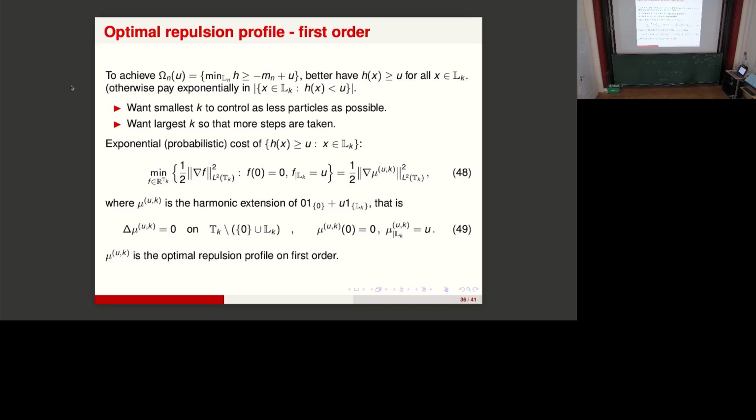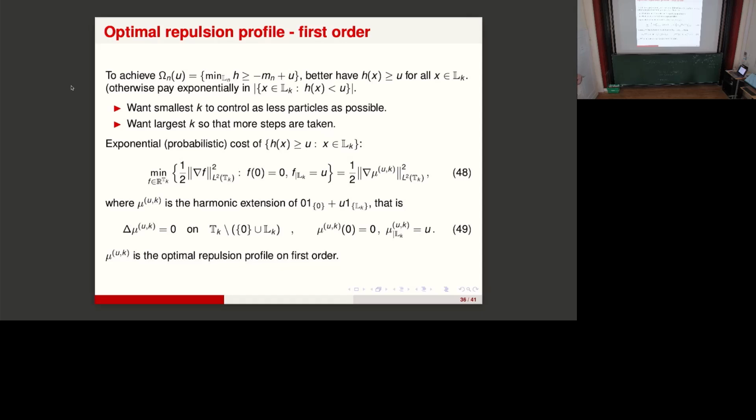The natural strategy would be to have all particles up to some generation k go above u. Then I can essentially let the field evolve as it wants, because I've already lifted the minimum by u.